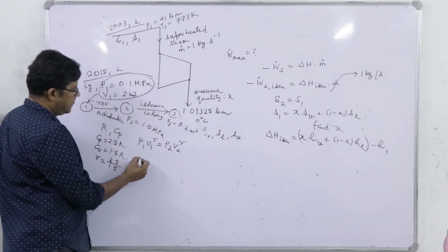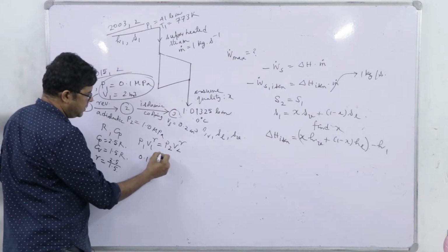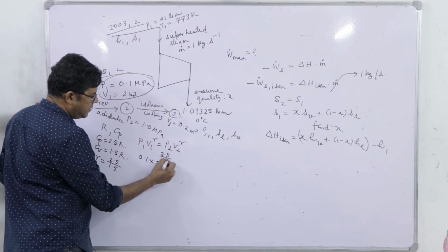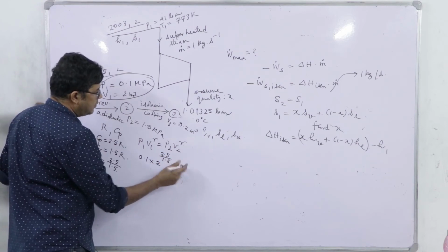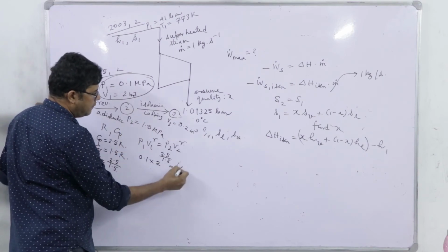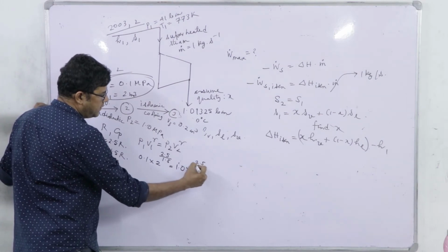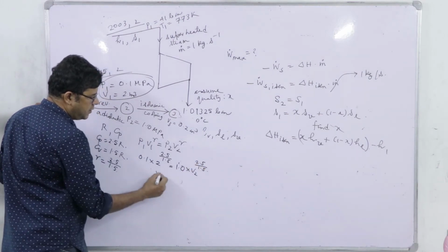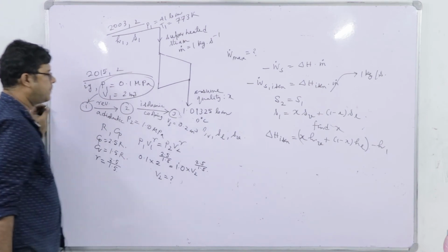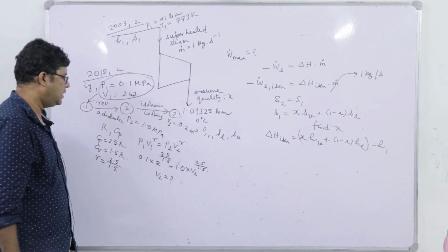So, P1 0.1 into 2 to the power 2.5 divided by 1.5 equals P2, 1, multiplied by V2 to the power 2.5 divided by 1.5. So, you can solve for V2. So, V2 has been solved.